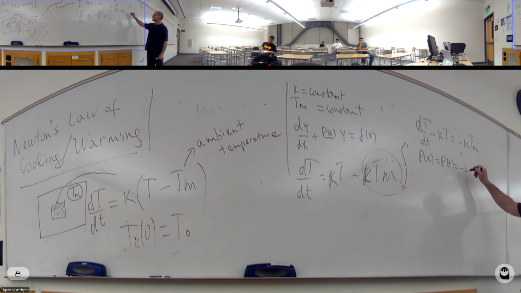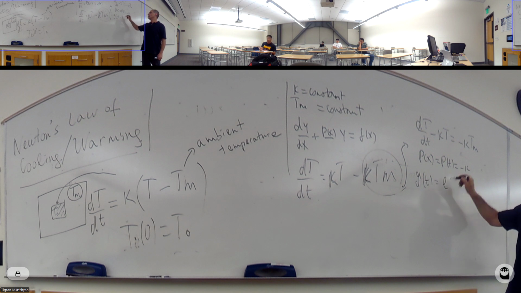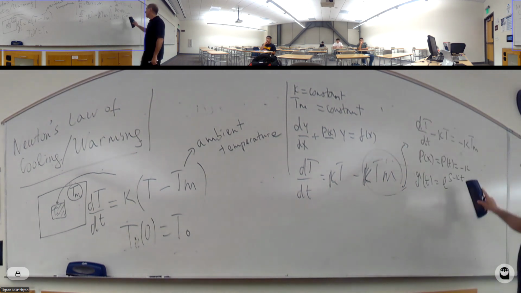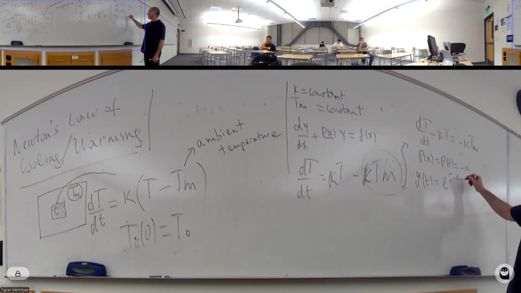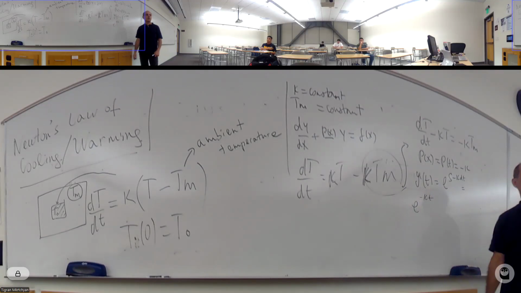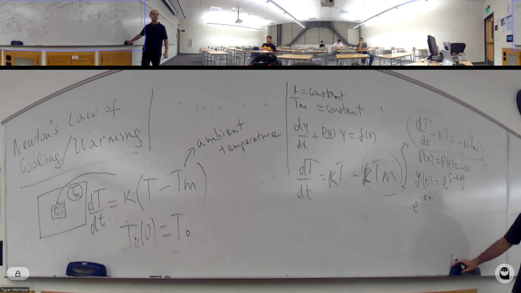And what is your mu of x, mu of t? It's e to the integral of negative K dt, and that becomes e to the negative Kt. And then we multiply both sides of our equation by that.